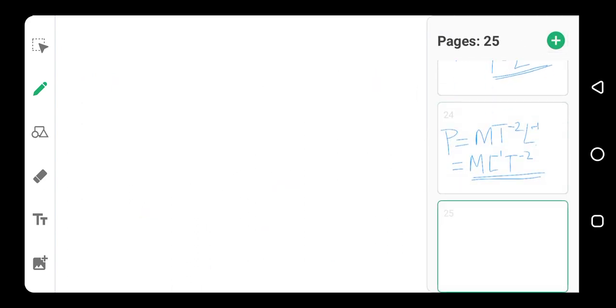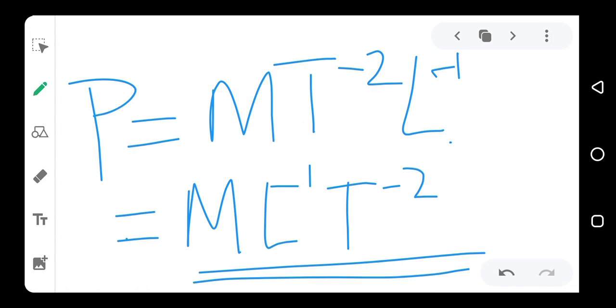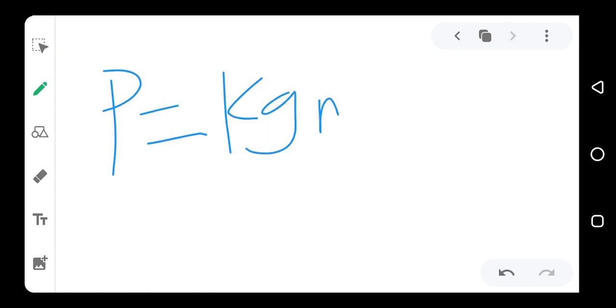Now the unit of pressure P is equal to, we can come here and put the unit of mass, the unit of length, and the unit of time, and put the appropriate superscripts. So we have mass is measured in kilogram, and then length is measured in meter.